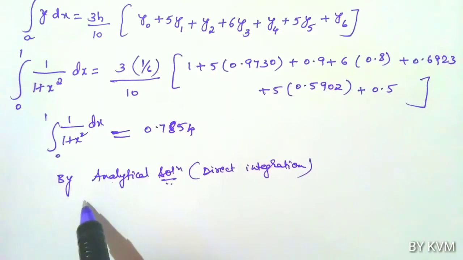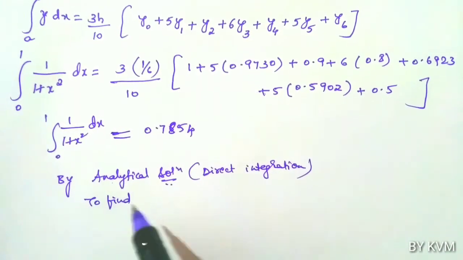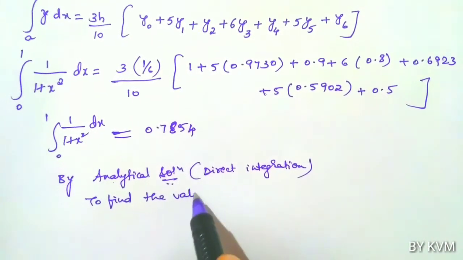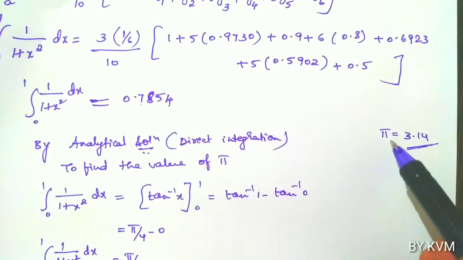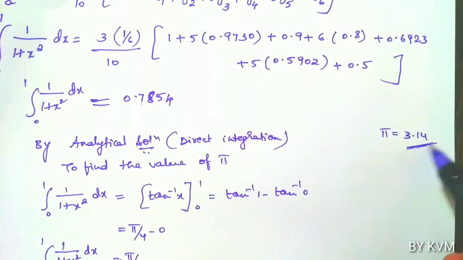So to find the value of pi, so we know the value of pi is 3.14. We have to get this value.